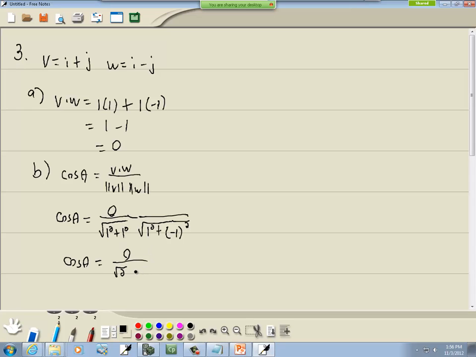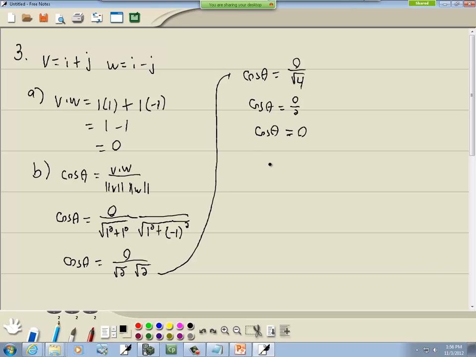So square root of 2. And this is also square root of 2, because 1 squared is 1, negative 1 squared is 1. Now if I multiply those together, we've got cosine theta equals 0 over square root of 4, which gives us 2. And then you just get cosine theta equals 0.